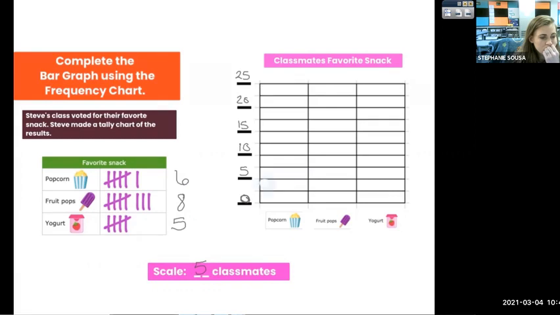I'm going to go up to 5. And then 6 is one more than that. Well, I don't want to go up to 10. Halfway between 5, because see, there's another line here.